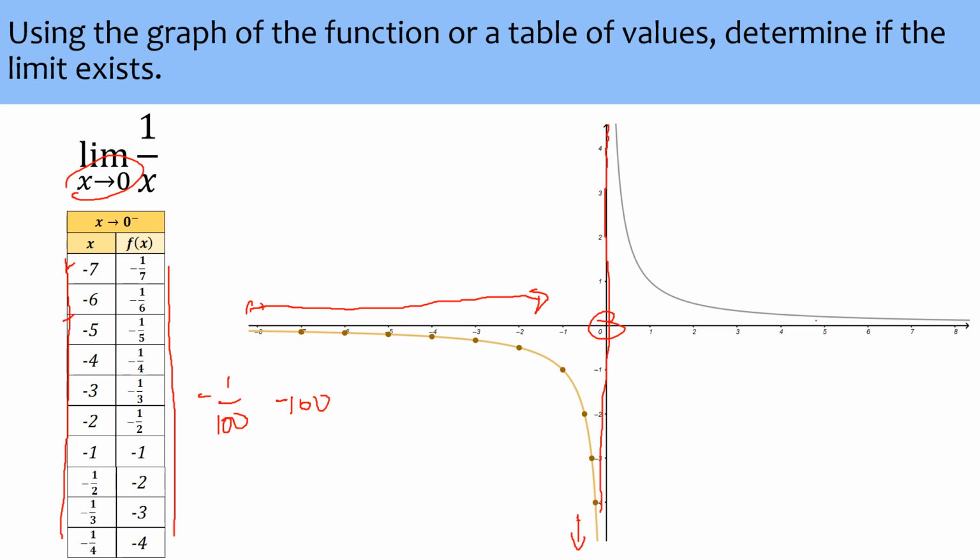What does that imply about the behavior of the function? The behavior of the function becomes smaller and smaller. It decreases and it decreases. Remember, direction going downward is decreasing, upward is increasing.